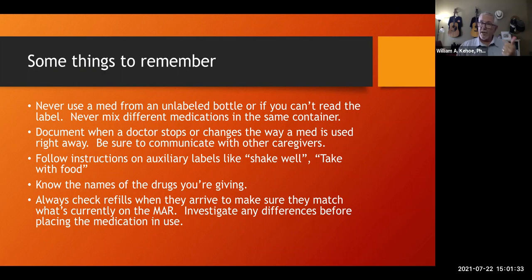Number one, make sure you get the refills on time, which means at least a week in advance notice to the pharmacy. And then when they arrive, check to make sure that they match what's on the medication administration record, knowing that the way the tablet or capsule looks may be different because they had to use a different brand. But just again, making sure that it's the correct medication on the MAR.